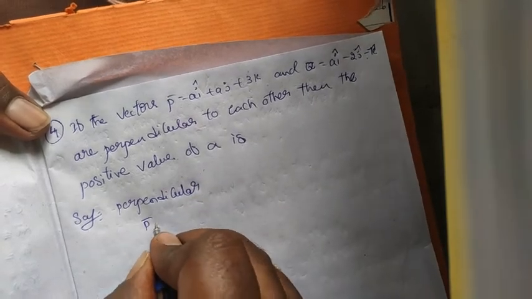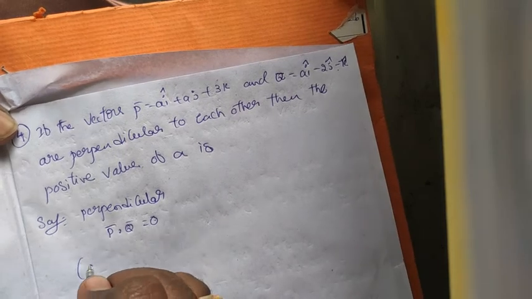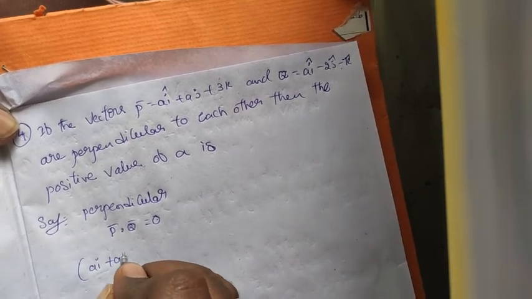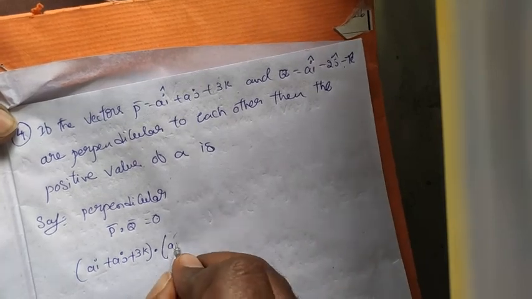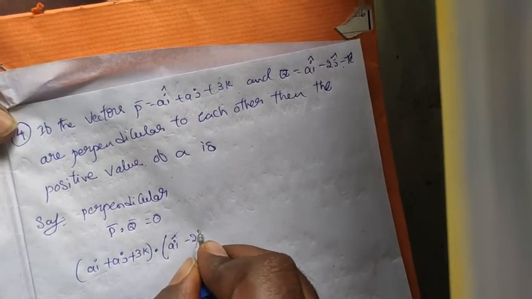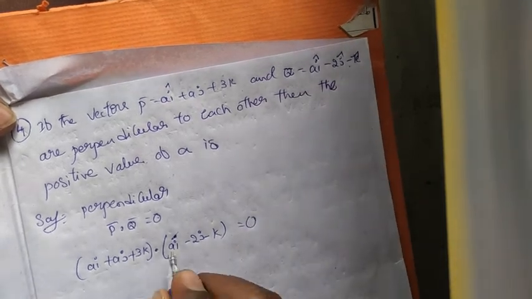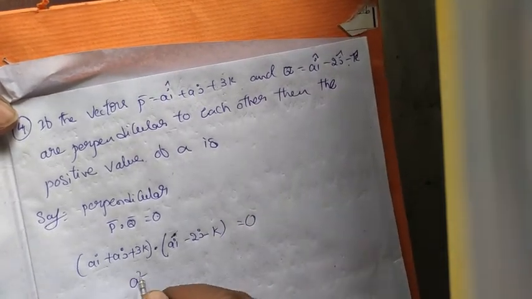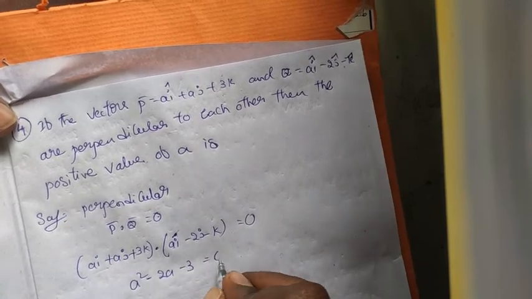That is p bar dot q bar equal to 0. So what is p bar here? ai plus aj plus 3k dot ai minus 2j minus k equal to 0. We already know that i dot i is 1. So a square minus 2a minus 3 equal to 0.